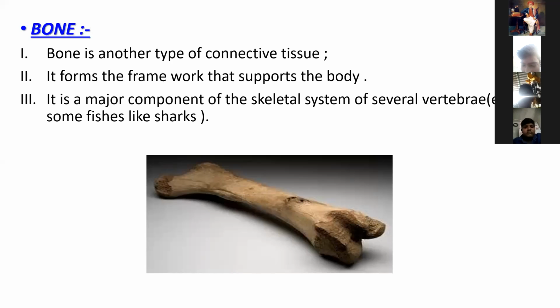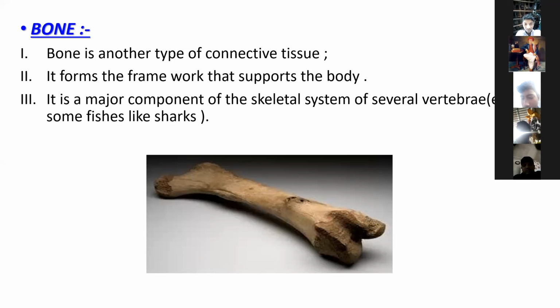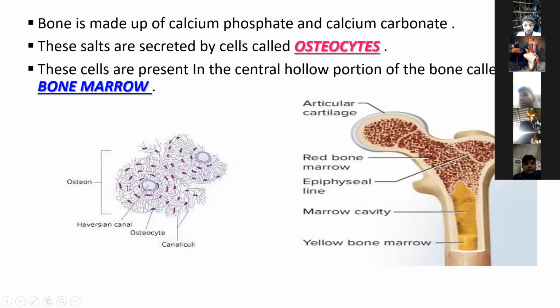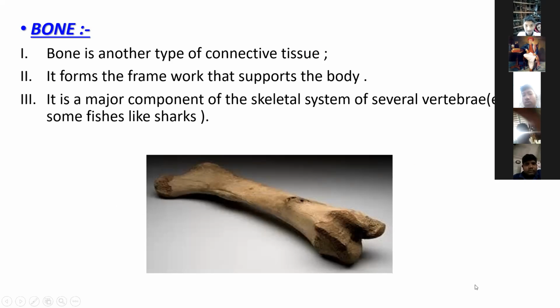It is a major component of the skeletal system. The skeletal system is made up of bone. So it is a major component of the skeletal system of several vertebrates.